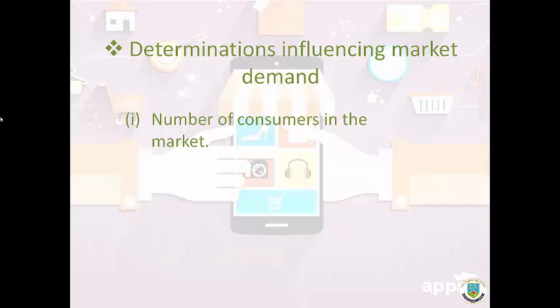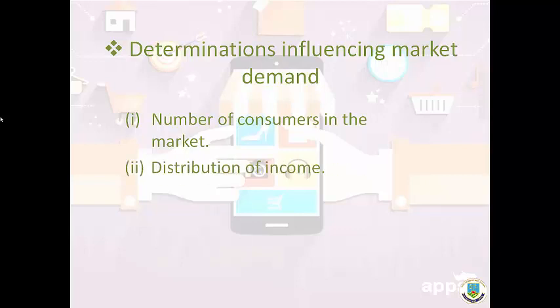So size of the market plays a very important role in influencing market demand. So if there are more buyers in the market, market demand will increase. Okay, if there are less buyers in the market, then market demand will decrease.